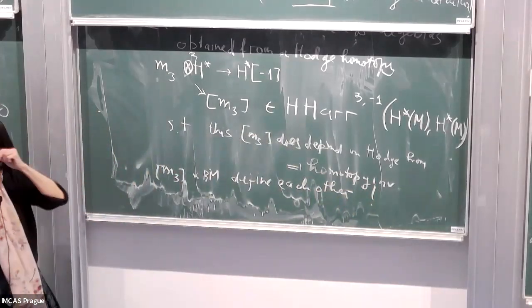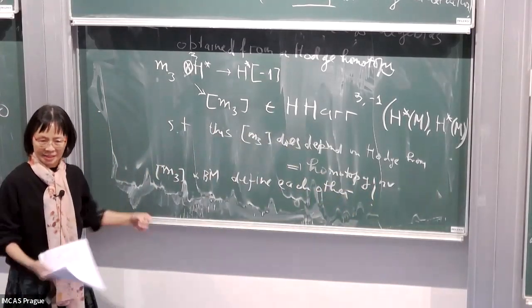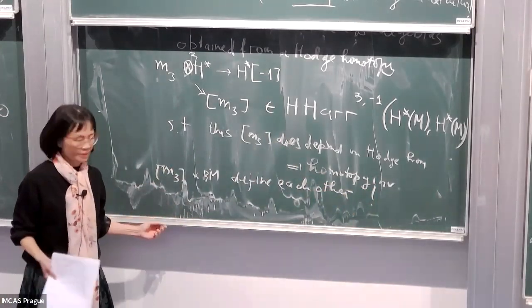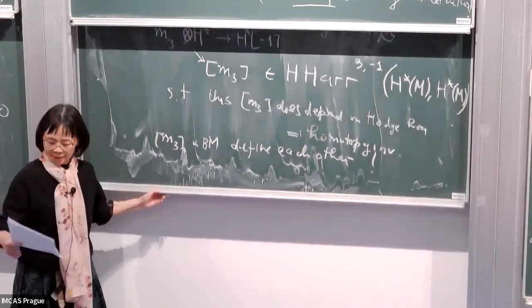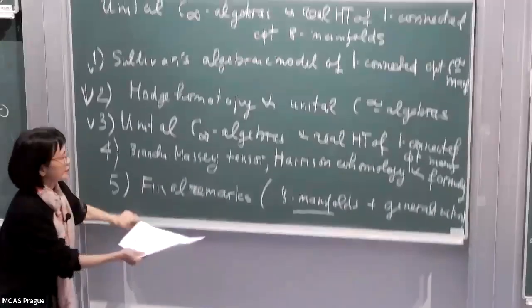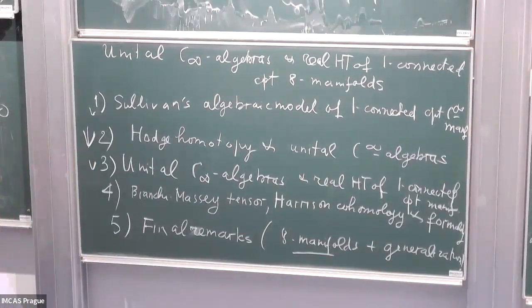So he translated the Bianchi-Massey tensor in terms of the Harrison cohomology. In the last five minutes, I should say about the final remark, how it's related to manifolds, and generalization.